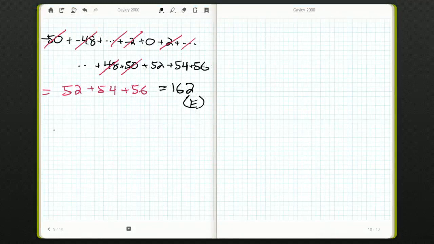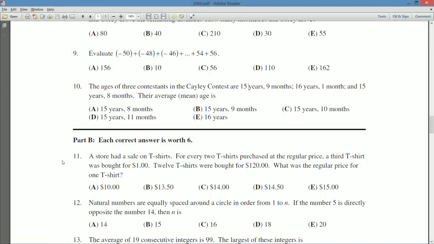So, 15 years and 9 months. Well, that becomes 180 months plus 9 months. So that's 189 months. Okay? 12 months in a year, so every year becomes 12 months. 15 years becomes 180 months. And then we have 16 years and 1 month.